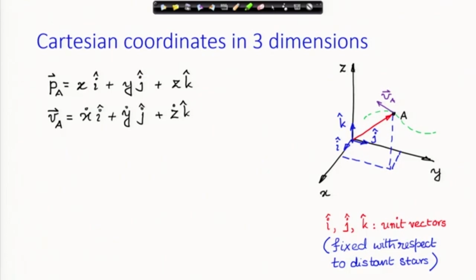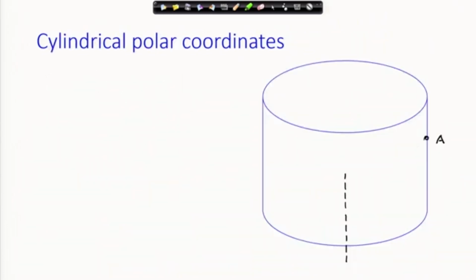There is no derivative of the frame vectors because they are fixed with respect to distant stars, so they do not change direction or rotate, and the derivatives vanish. Similarly, I can differentiate the velocity expression once again to get the acceleration expression.